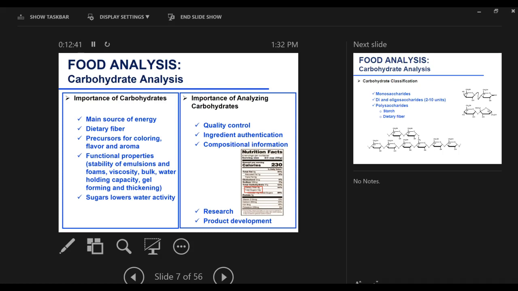There's always research involved there. Product development. Uses of different starches that have different characteristics, whether it's chain length or amylose to amylopectin ratio or different dextrose equivalent. Why would we need to use them, and how would they produce different functionality in food products?